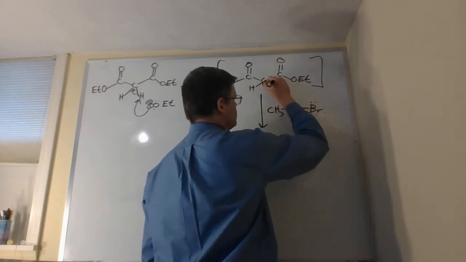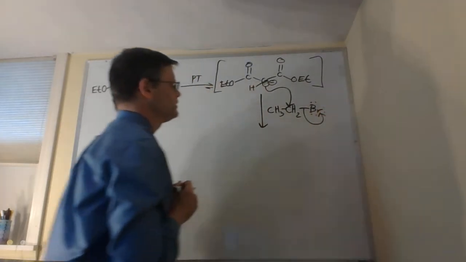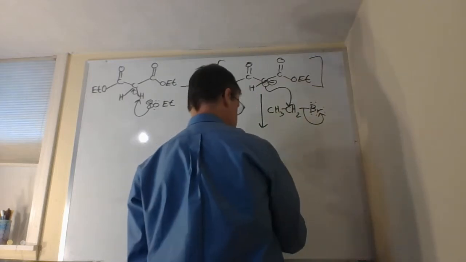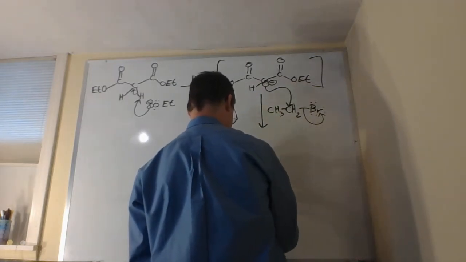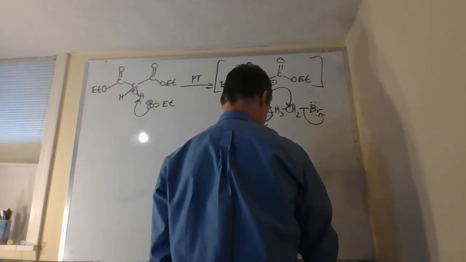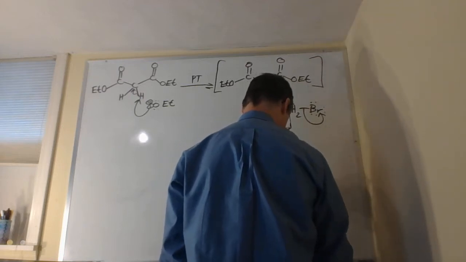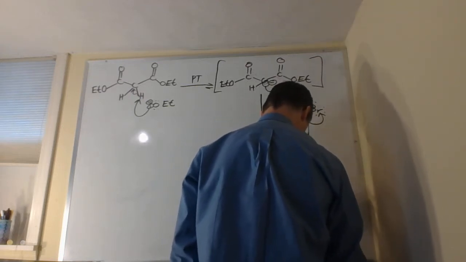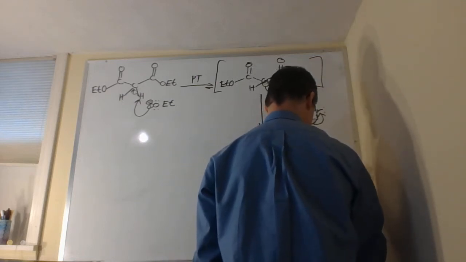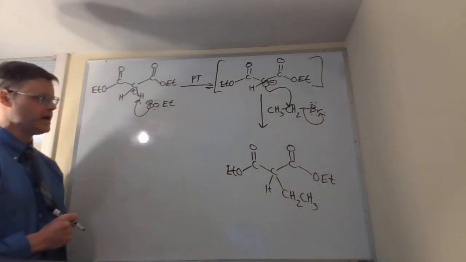This is going to be an SN2 reaction where our nucleophile is that enolate, and this is the alkylation part. So we make this alpha alkylated diester.